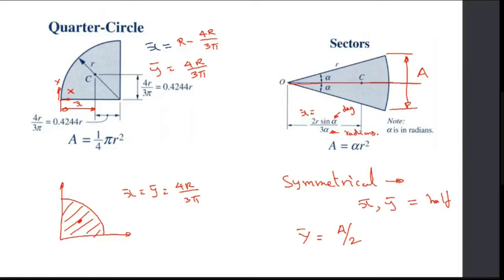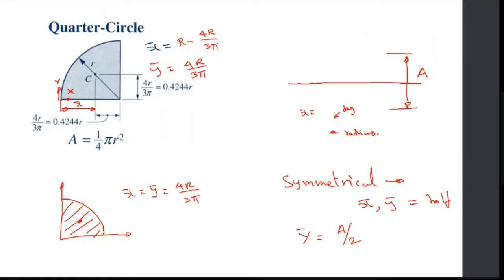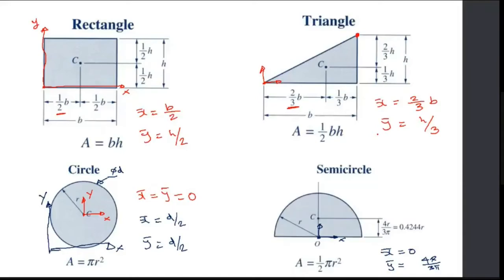You can also look at the previous shapes we discussed. A rectangle is symmetrical about x and y, so that's why it is h by 2 and d by 2. A circle is symmetrical about x and y, so d by 2, d by 2. A semicircle is symmetrical about only the y-axis, so my x bar will be d by 2, and y bar is not d by 2.